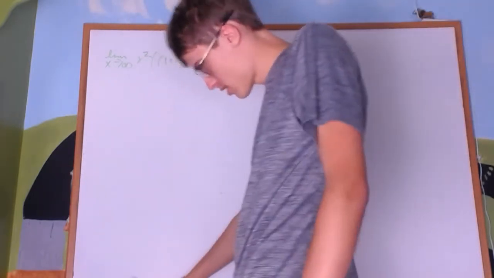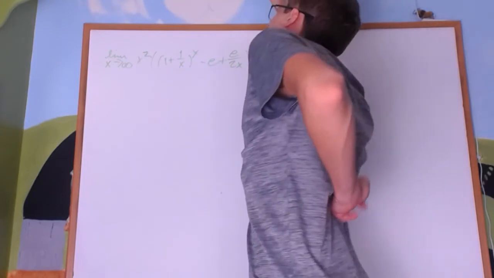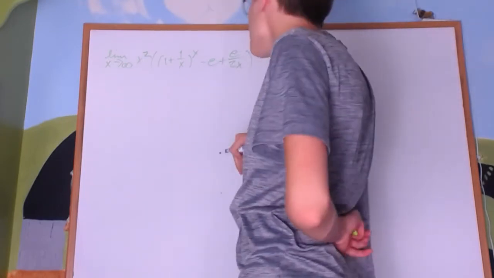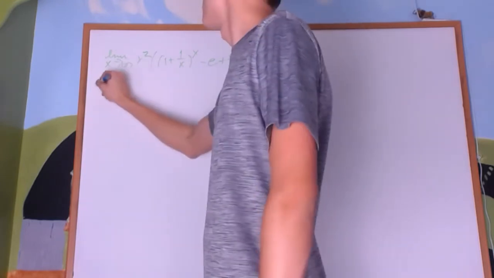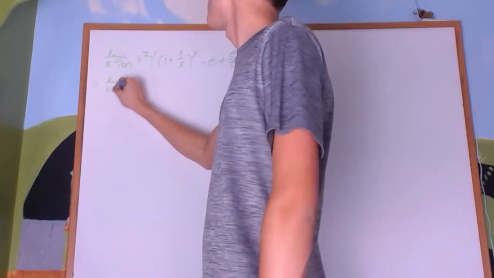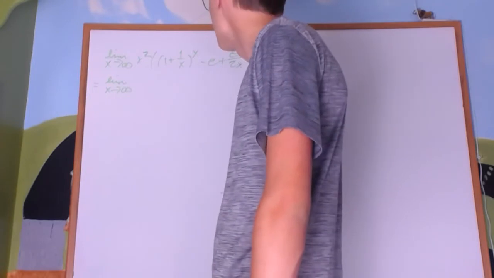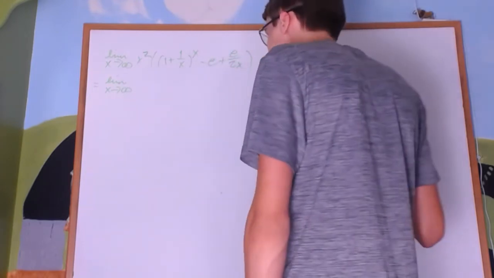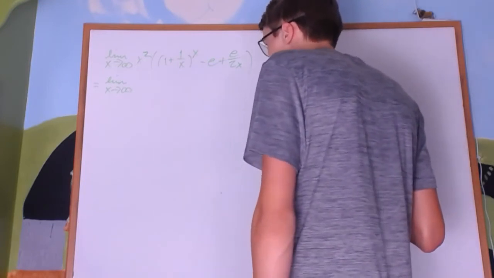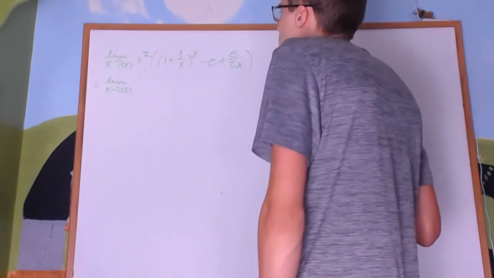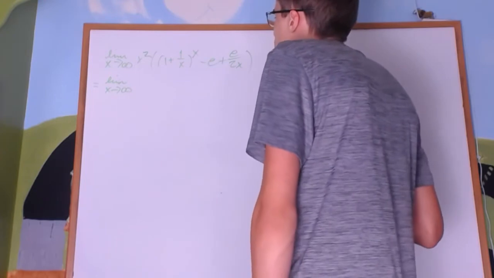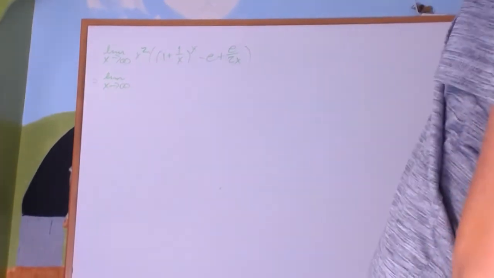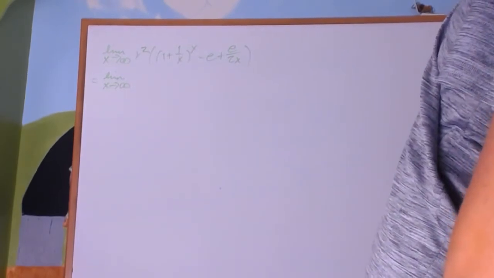So now the question is, how do you even do it? Because if I multiply them individually, everything is going to go to infinity. But for some reason it somehow converges to 11 over 24e.